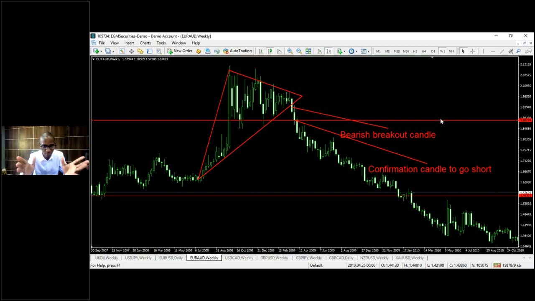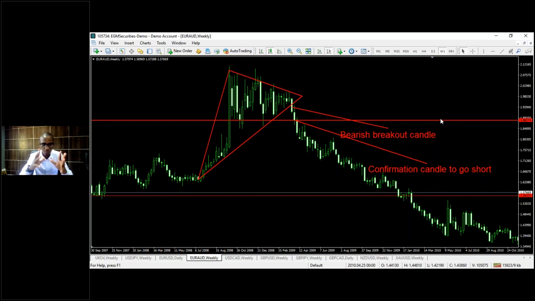At this point, we are confident that a breakout out of the triangle is formed, and we've confirmed this by the second bearish candlestick that confirms the sentiment of this trading pair, that sellers have taken over the market. We have a bearish candlestick, and now it's time to go short.